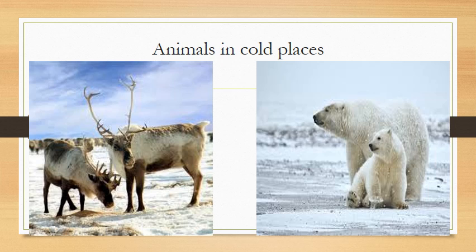And second, many of these animals are white in color. Many of the animals which live in cold places are white. So what is the advantage of being white? As we all know, the color of ice is also white.